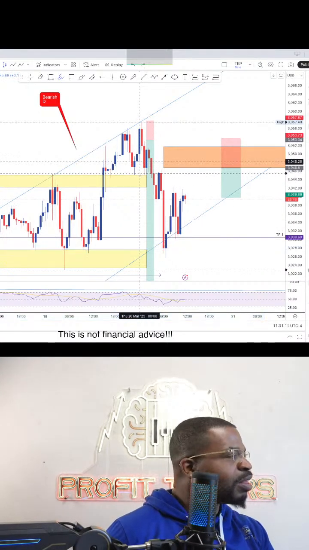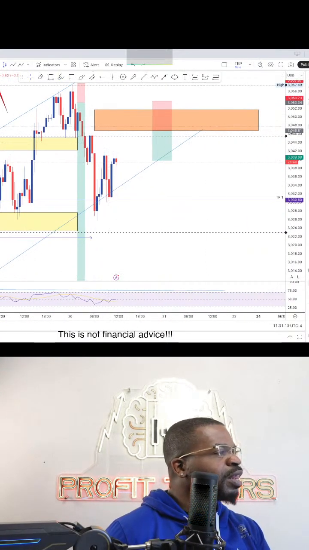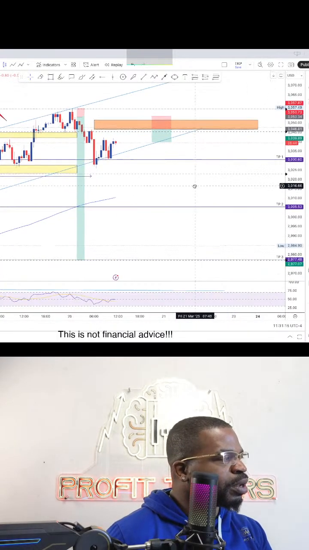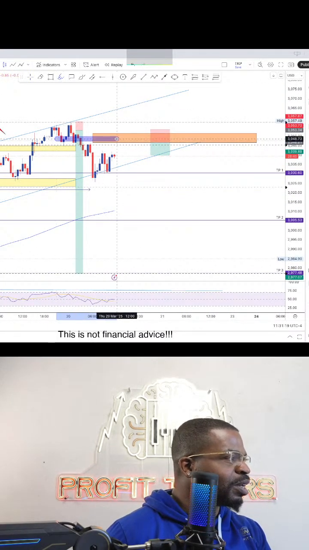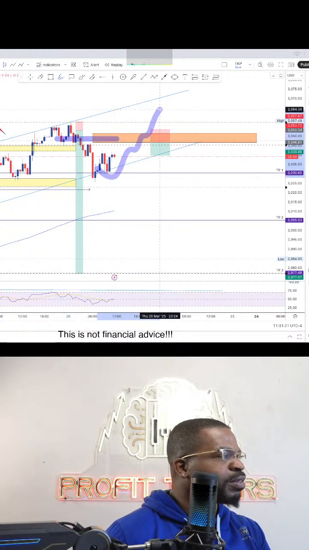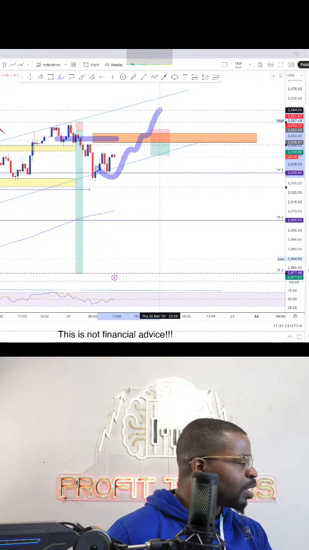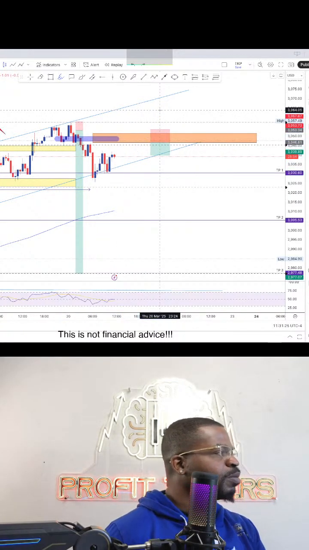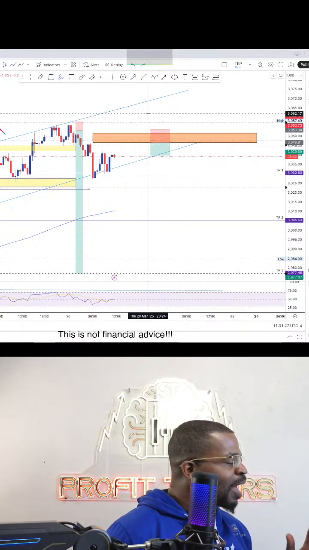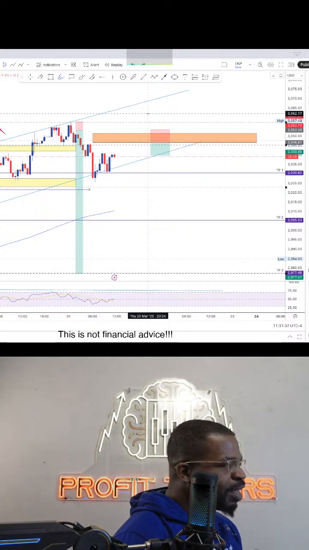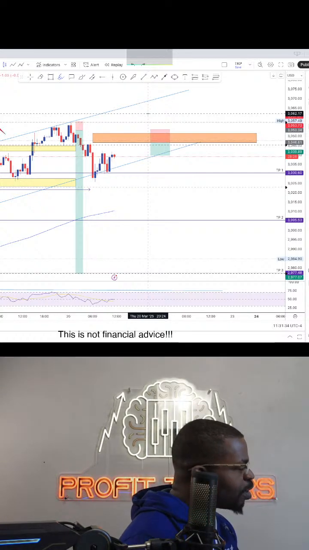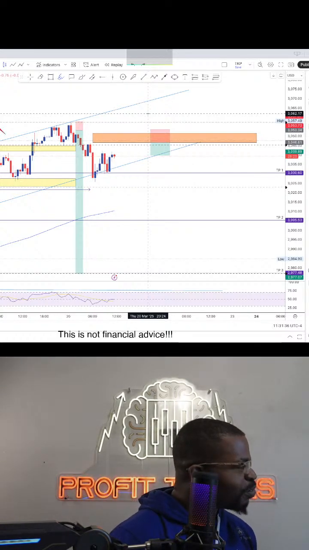Now, with the other things that we saw, that's why I created some TPs that were a little lower. But I'm definitely protecting the trades that are already in. So if this thing decides to run, I'm not losing a winning trade setup. That was the entire reason I created this entire trading system that I got, because I was amazing with entries, but I would lose winning trade setups.